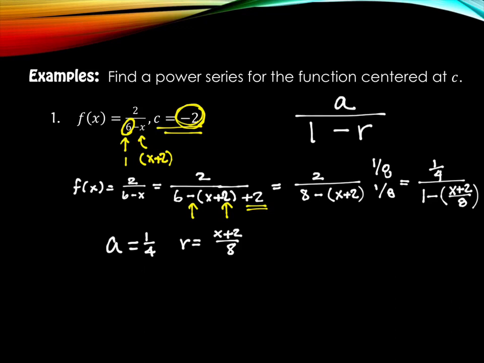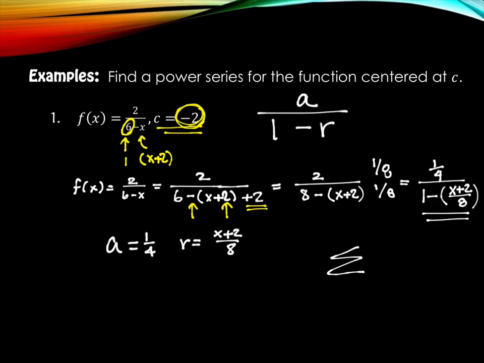Okay, everybody good? All right, so what does that mean? Well, it means that I should be able to take this expression, because this is now the a over 1 minus r, and put it back into the summation formula where the a and the r came from. So a was at the beginning, right? So again, I'm trying to mimic this. In fact, I'll shift it over here and show it.